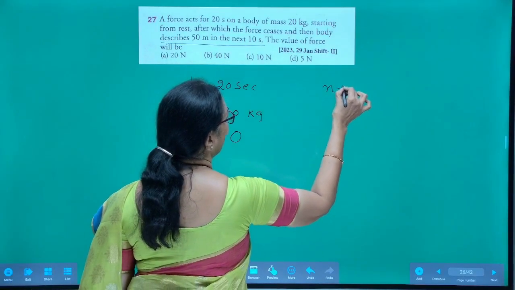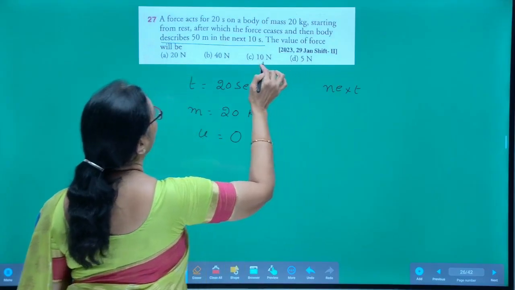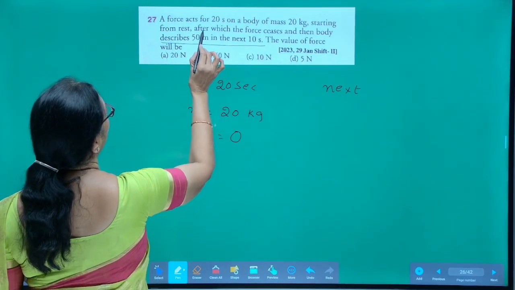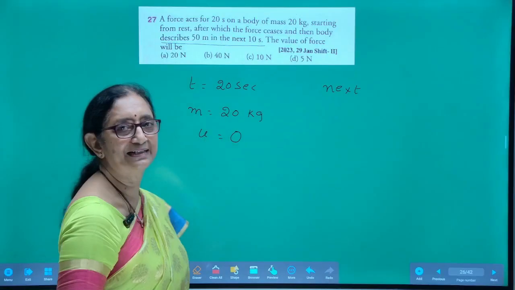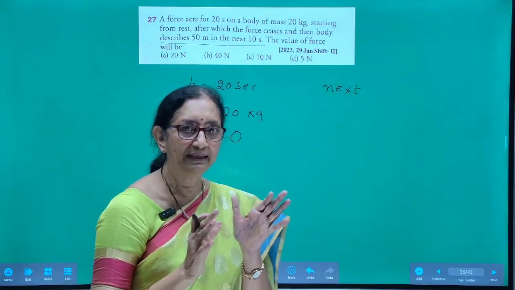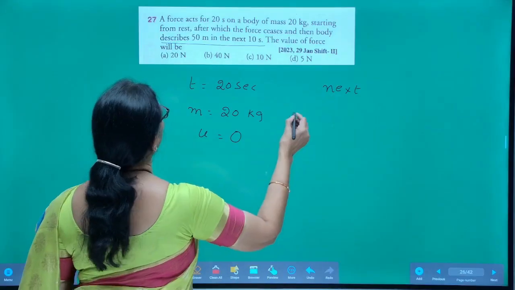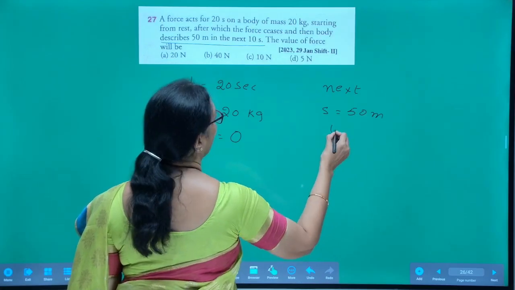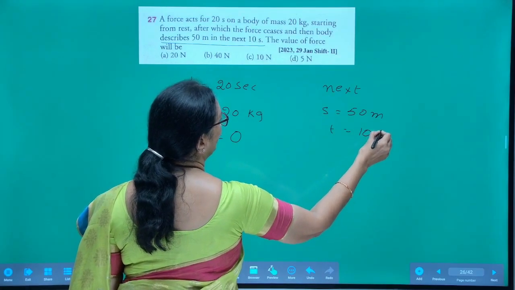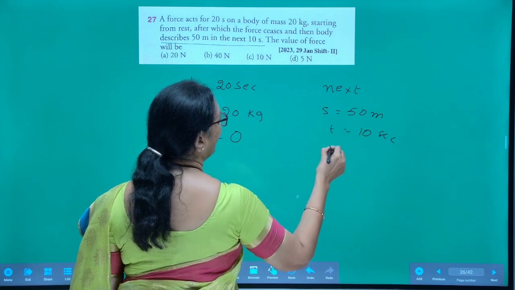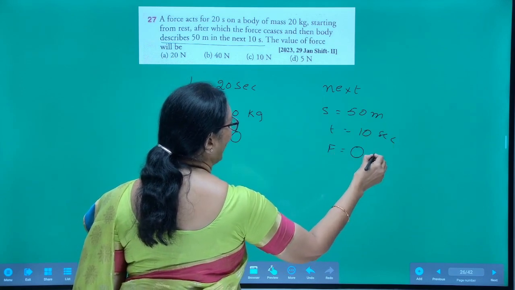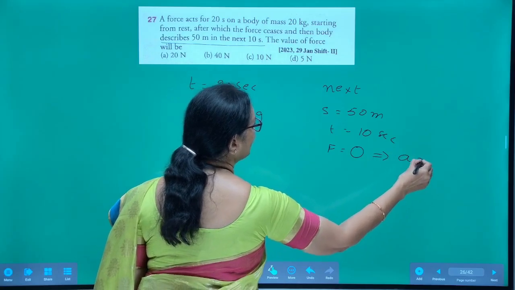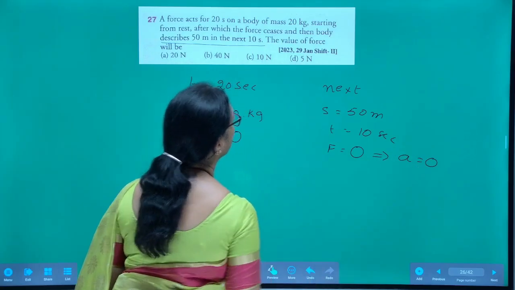So in the next 10 seconds, after the force ceases to act, it moves a distance of 50 meters. S is equal to 50 meters in time t is equal to 10 seconds. Force ceases to act implies acceleration is equal to 0.